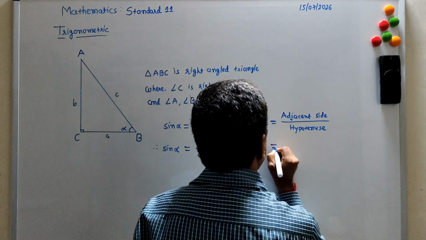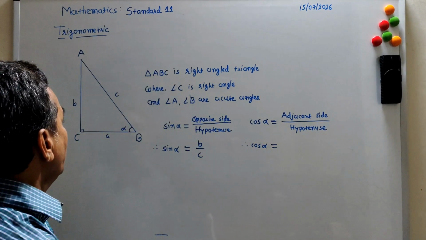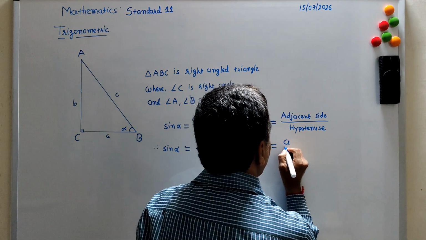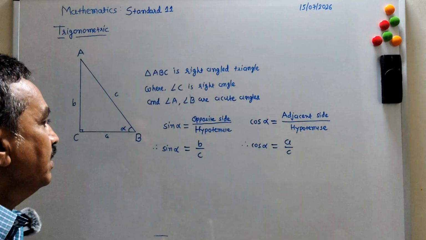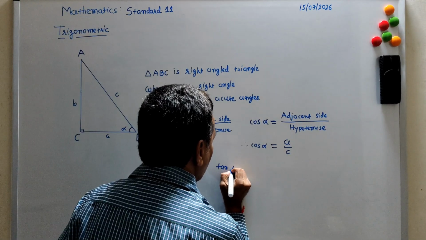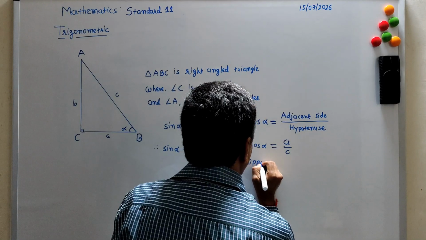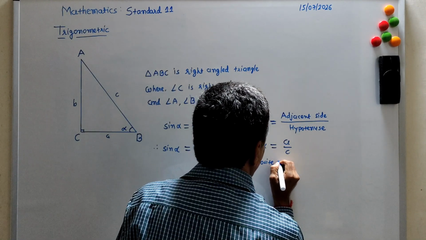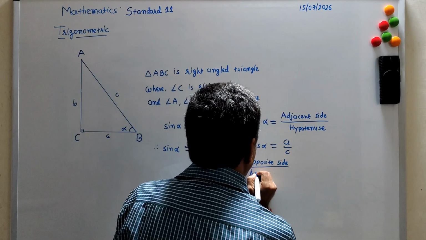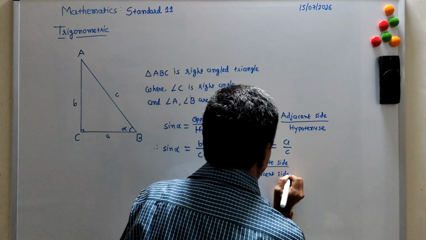So therefore cos alpha is equal to this adjacent side A divided by C, and tan alpha is equal to opposite side divided by adjacent side.